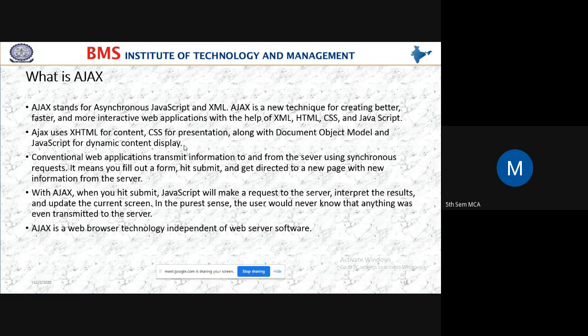As a client, we put a request to the web application, and that interface, which we create using ASP.NET or AJAX, sends the request to the server, takes the answer from the server, and displays it on the interface.